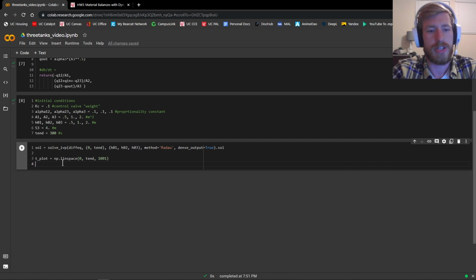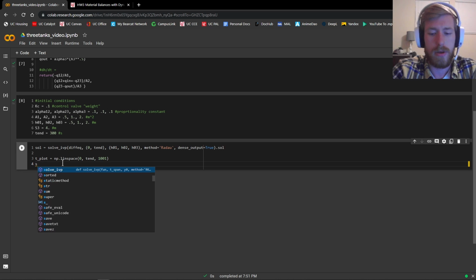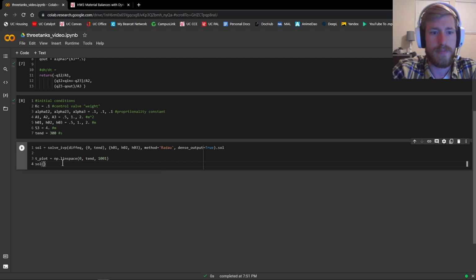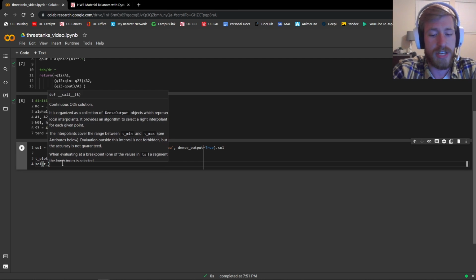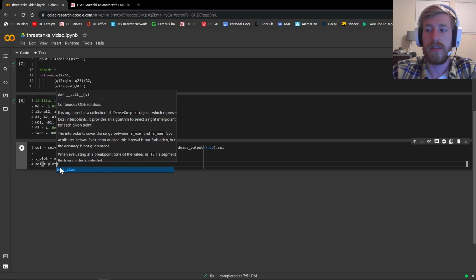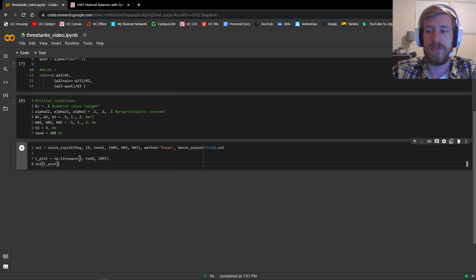So what we can do is just take sol, which is in itself a function, and take sol of our t-plot, which will run the array of t, all of our timestamps, through sol for all three equations, and will output an array of each output for each equation.